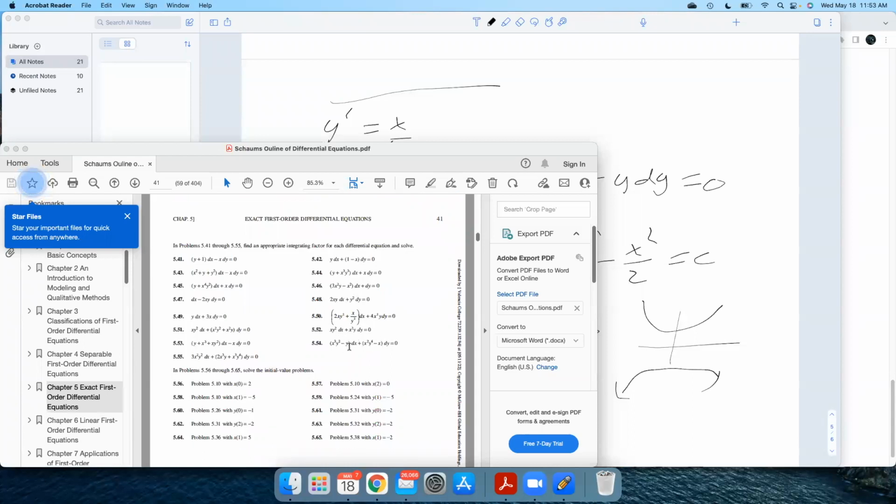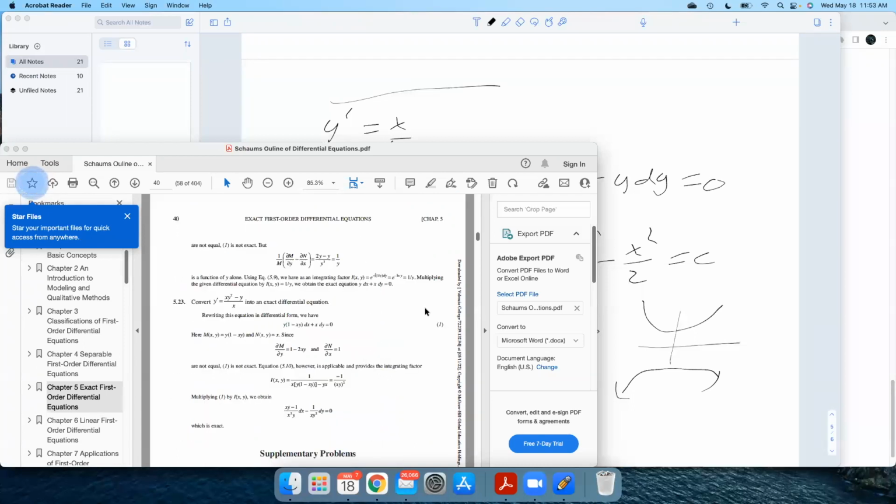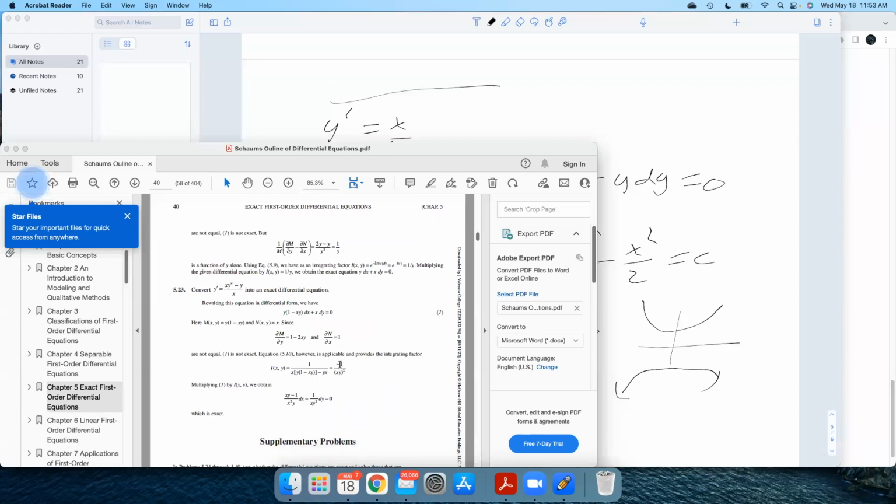Maybe it was this one. I can't remember. But there was one in the solution set at the end. They used that same technique to try to force it to be exact using an integrating factor. And they got the wrong answer. Something went wrong. And like all of us, we spent a whole class period on this once in a face-to-face class, and we couldn't even figure out what they did wrong.